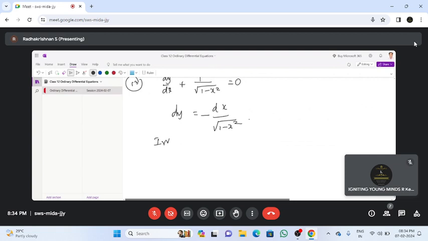Integrating on both sides, you'll get y equal to minus sin inverse of x plus c, or y plus sin inverse of x equal to c.